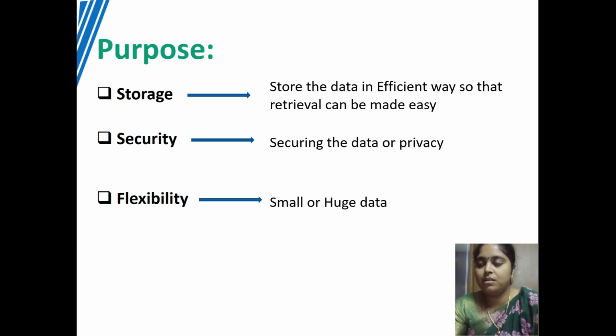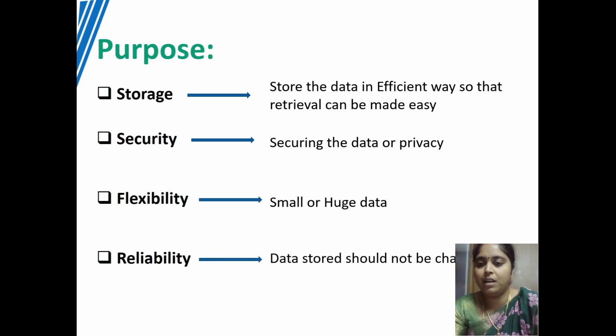So it is said to be flexibility. Then reliability. The data stored should not be changed. Without any change we can use the database, right? So that is the main purpose. So what are these four purposes of a database? Storage, security, flexibility and reliability.